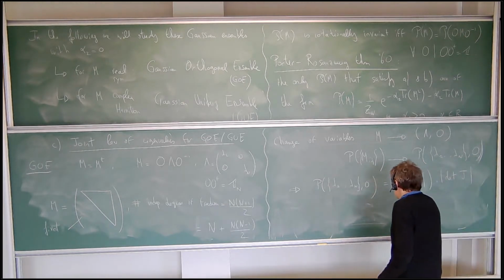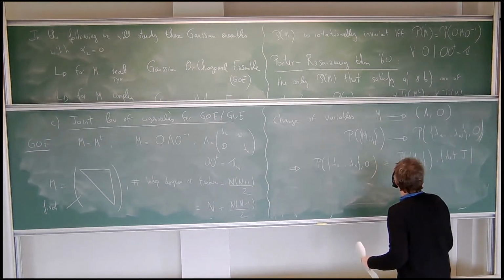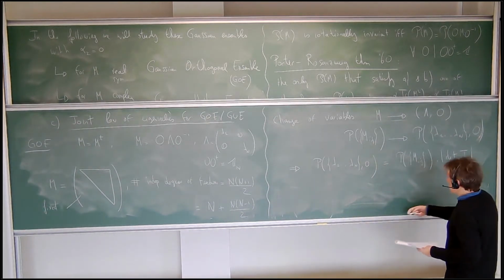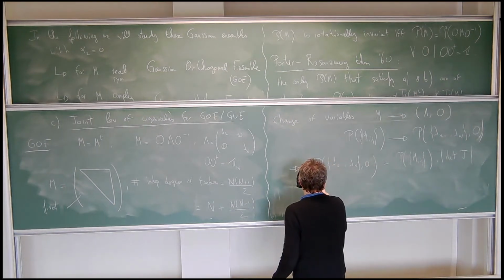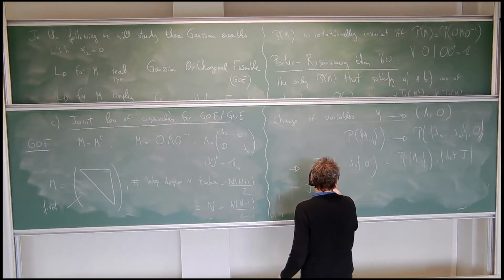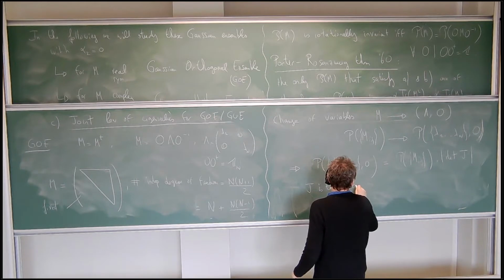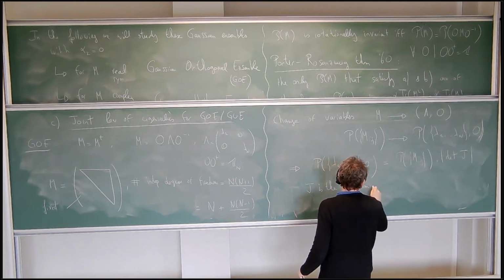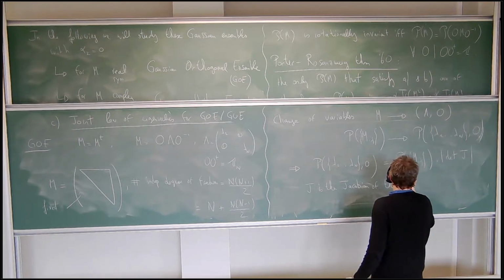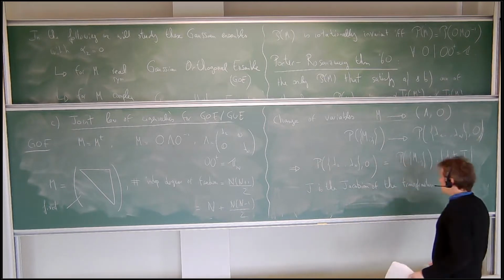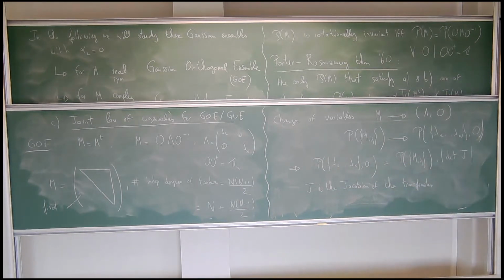Well, J is a relatively complicated matrix, but that's just the Jacobian of the transformation. It's a complicated matrix, but formally it's easy to write.